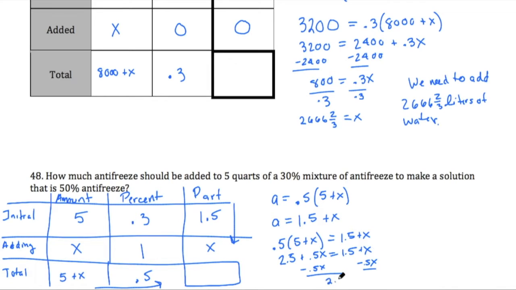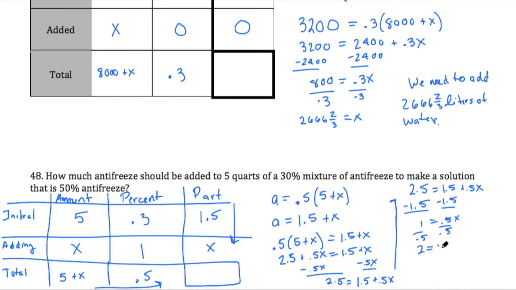We get 2.5 equals 1.5 plus 0.5x. Subtract 1.5 from both sides. We get 1 equals 0.5x. You could either divide by 0.5 or multiply by 2, however you see fit. But 2 is equal to x.